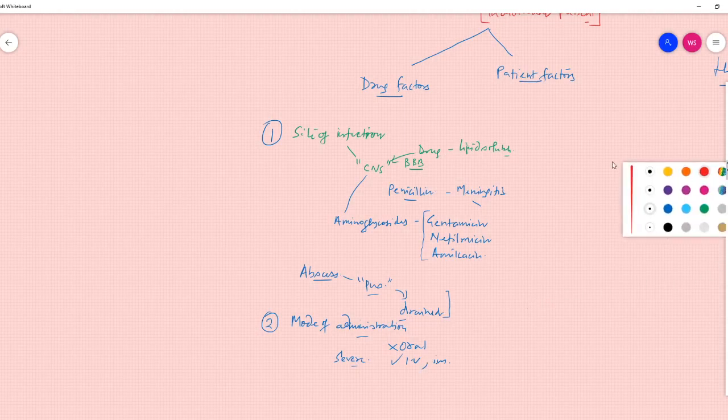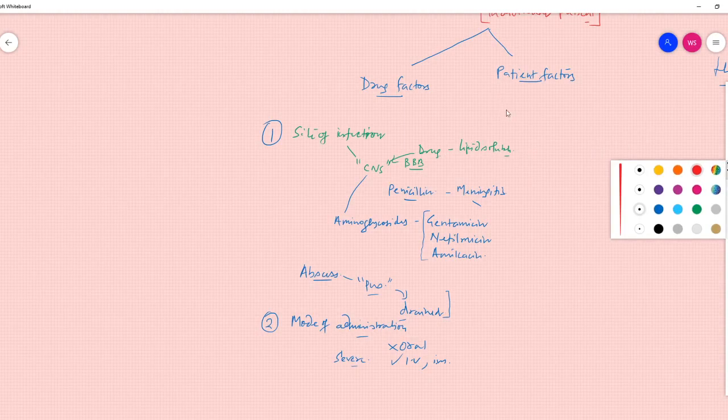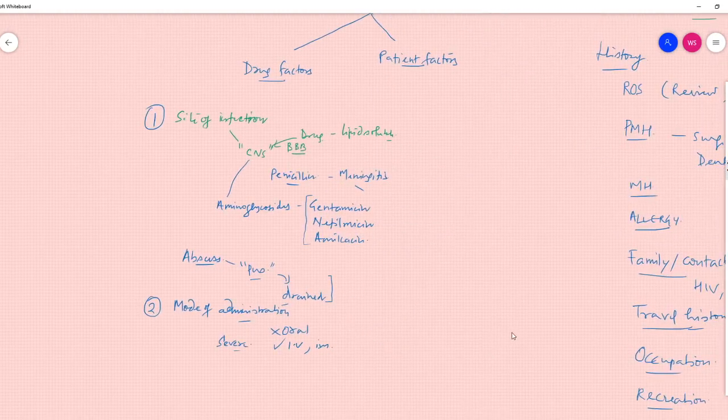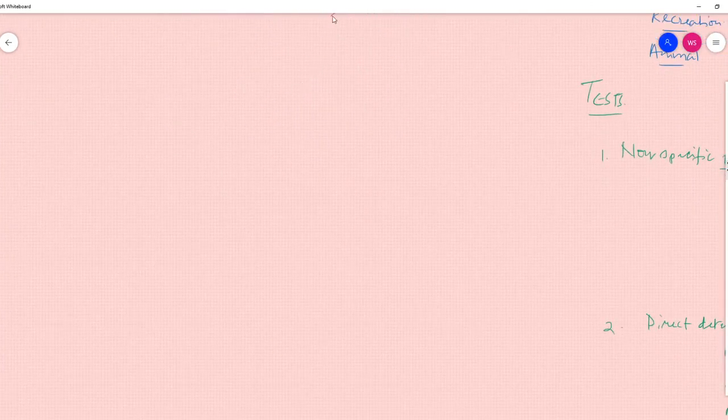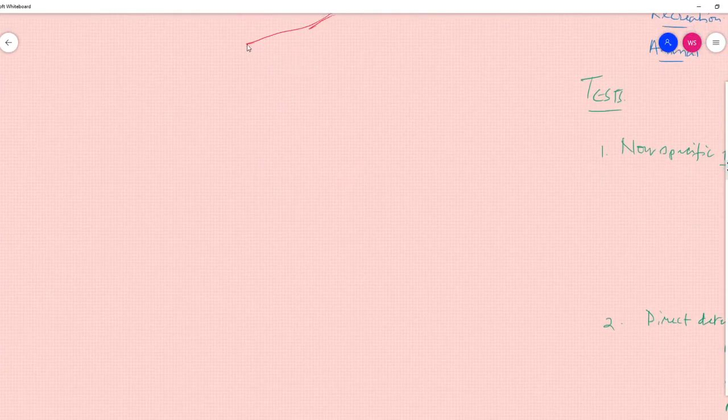Okay, so let's look at some patient factors. Do we have space here? So let's bring it down here. Patient factors. Let's consider the first patient factor. What's the most important patient factor? It would be age.